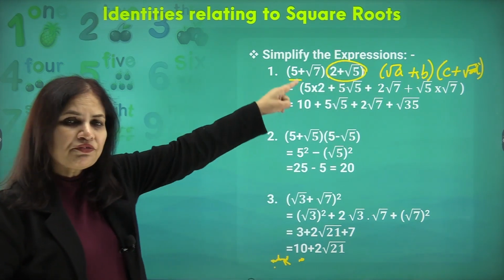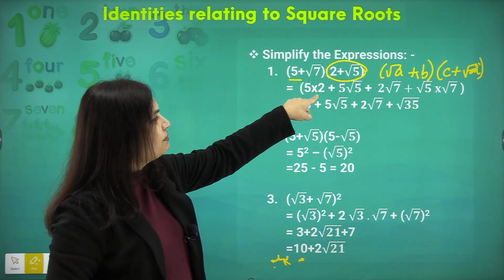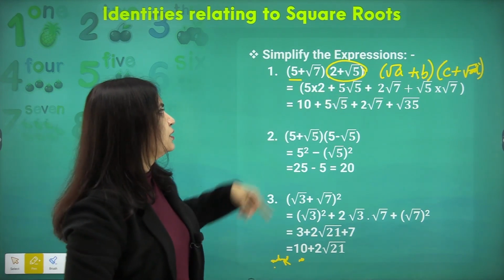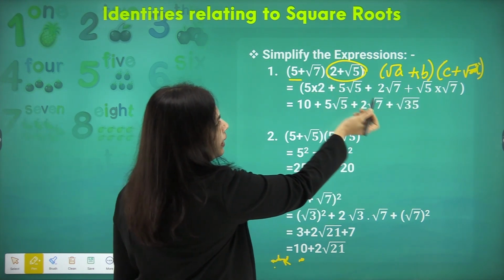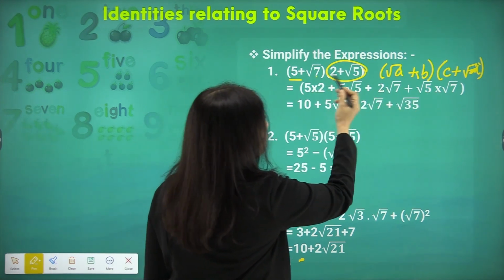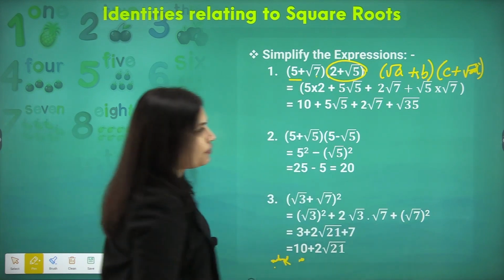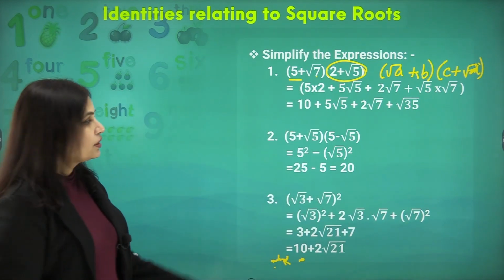If I multiply 5 with this entire expression, I get 5 into 2 plus 5 root 5. Then root 7 will be multiplied with the entire expression. I'll get root 7 into 2 plus root 7 into root 5, which will give you root 35.